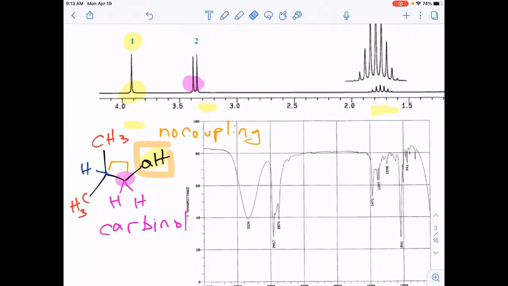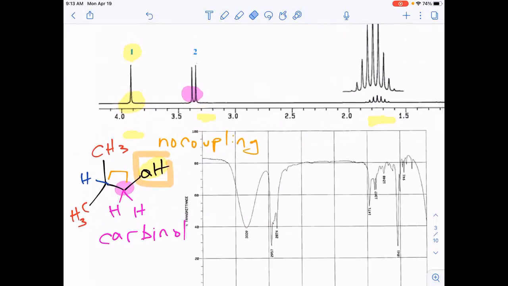That's why it's a doublet, because it only has one neighbor. So for that proton, N is 1, and N plus 1 is 2. So it's a doublet. And the reason it's so far downfield is because it's adjacent to the OH group.